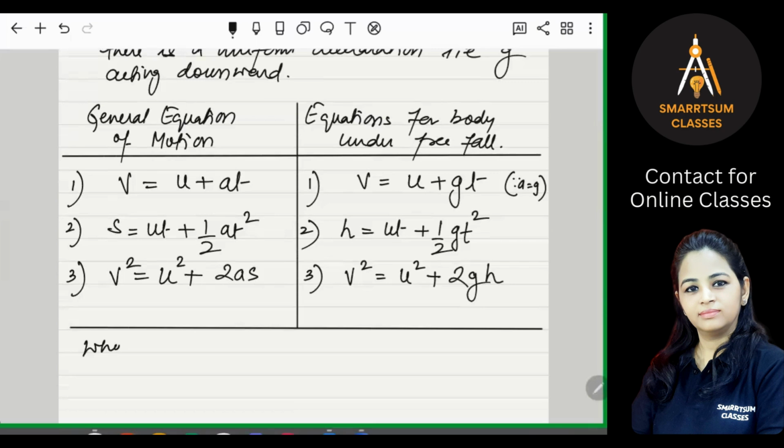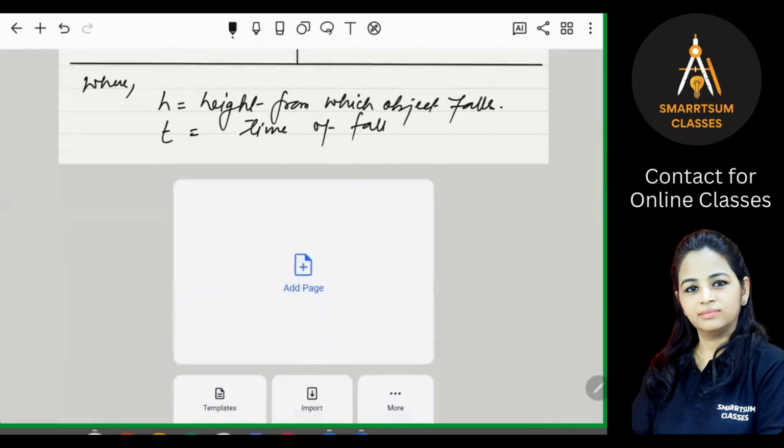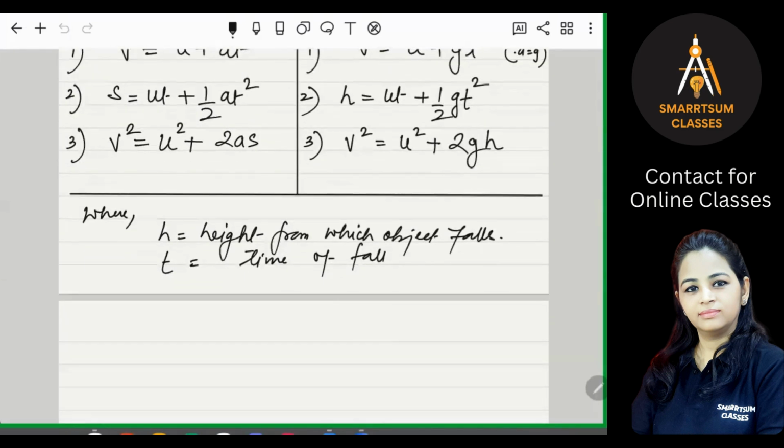Where h is the height from which the object is falling. t is the time of fall, how much time it is taking to touch the ground. u is the initial velocity.